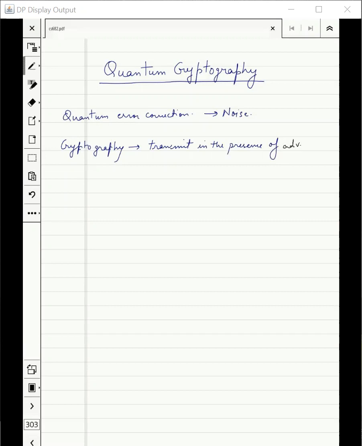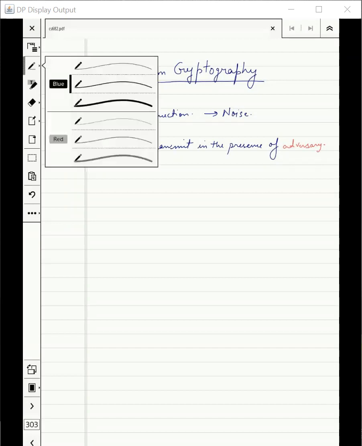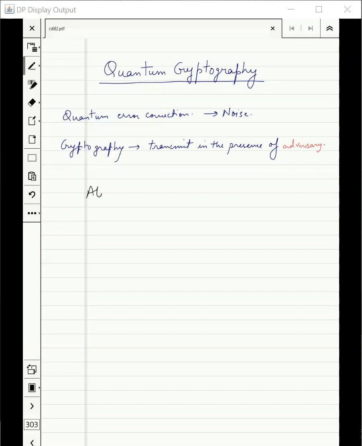Here, there is a person or a computer sitting who can watch our transmission. In general, the two parties are commonly known as Alice and Bob. They have a channel, they want to pass some messages.